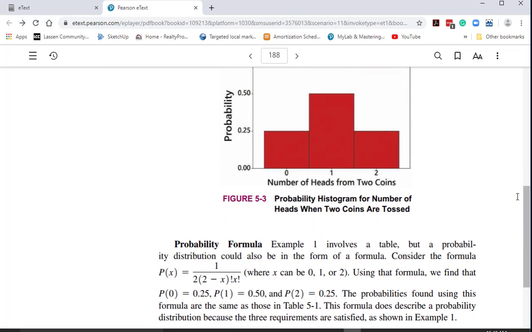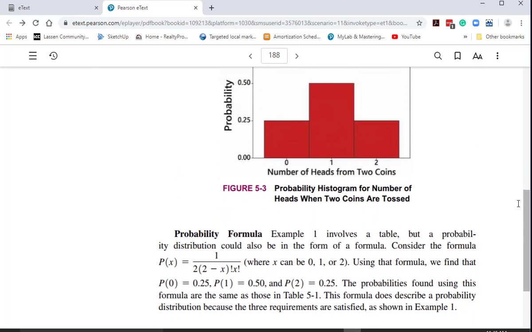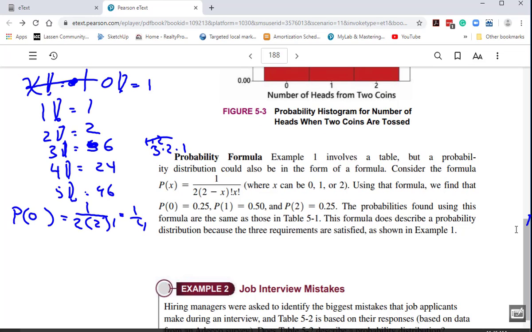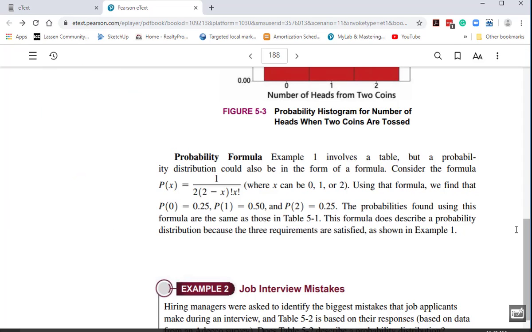Let's see if it gives us this 50% when x is equal to 1. Now it's a random variable, but this time we don't know what's going to pop up. This time 1 popped up, so we want the probability of getting just 1 head.